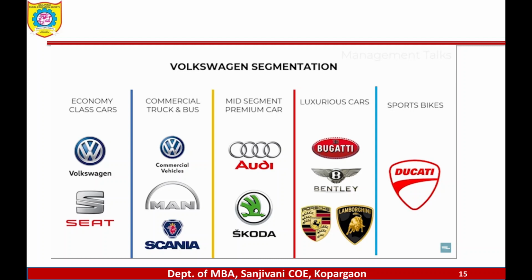They are in mid-segment premium cars like Audi and Skoda, and luxurious cars like Bugatti, Bentley, Porsche and Lamborghini, and the very famous sports bike Ducati. So you find the Volkswagen Group having a different kind of product portfolio. They have segmented different markets and fulfil the needs of each segment by launching many brands in the market, not only in India but worldwide. It's a German-based group with a presence all over the world with various such brands.